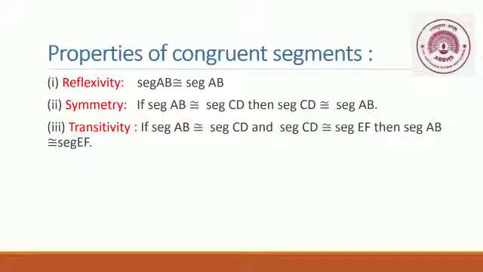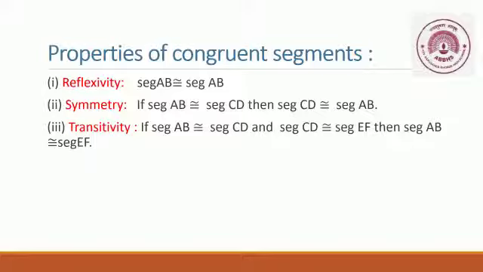That is, seg AB is congruent to seg AB. That property is known as reflexivity. Symmetry. If segment AB is congruent to segment CD, then segment CD is congruent to segment AB. This property is known as symmetry.